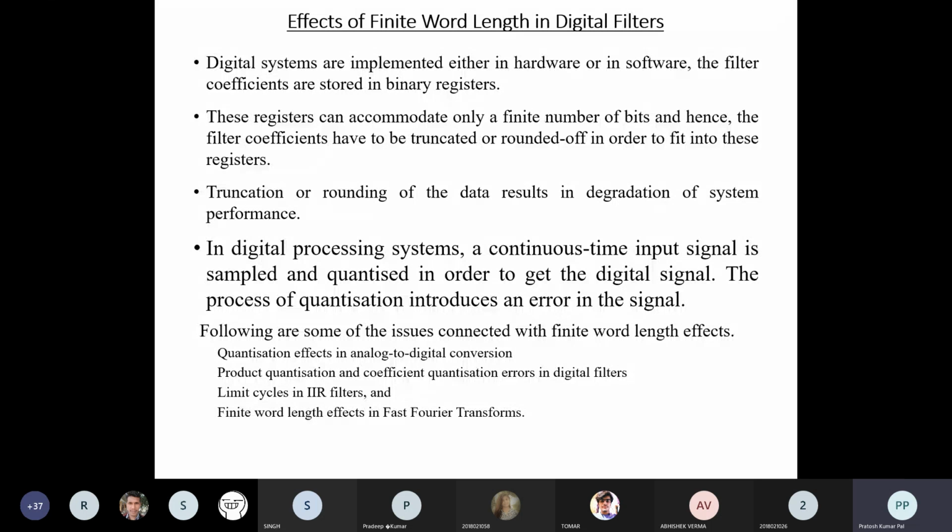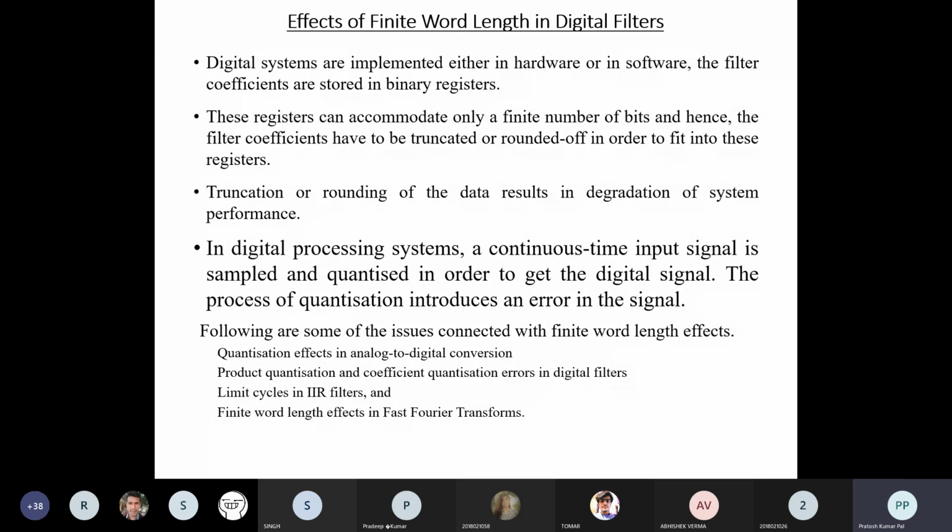Basically, in computers, the memory is in the form of registers, having different numbers of bits based on the processor. So based on the number of bits a register can store, that much is available for storing a particular coefficient of a filter.